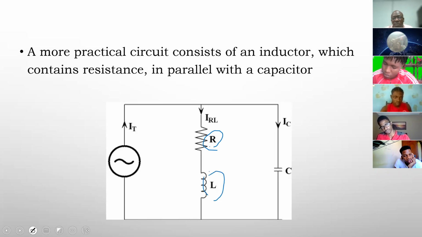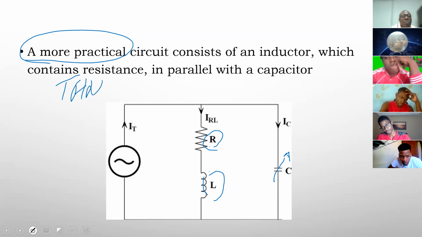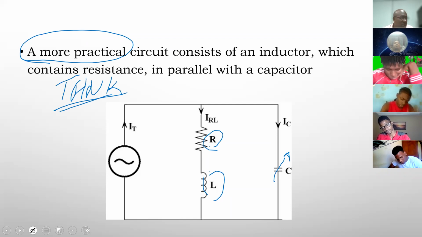So that's the resistor. That's the inductor, right? So it's a more practical circuit. And this particular circuit with a variable capacitor here, a varicap, this particular circuit is known as a tank circuit, right? So for the tank circuit, which is more practical, we are going to apply the same principles I just applied to those three elements in parallel.